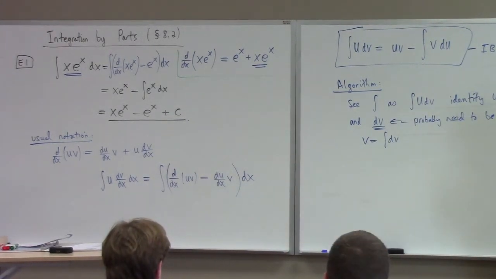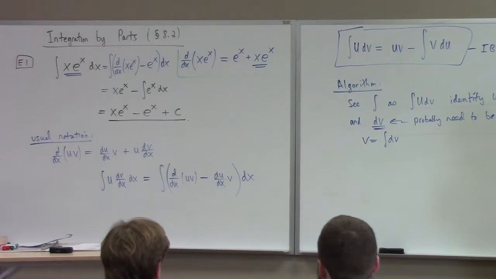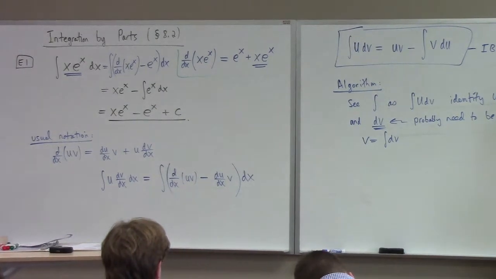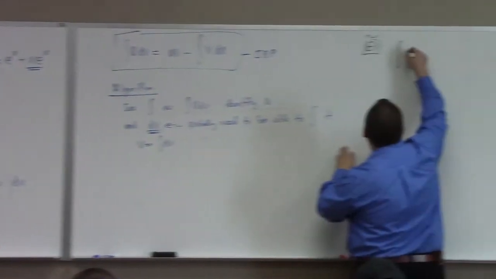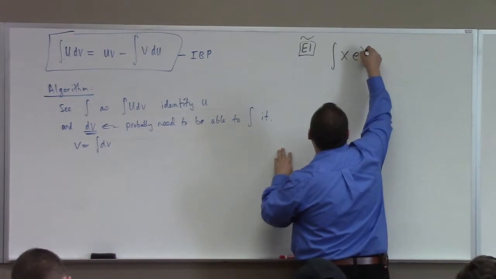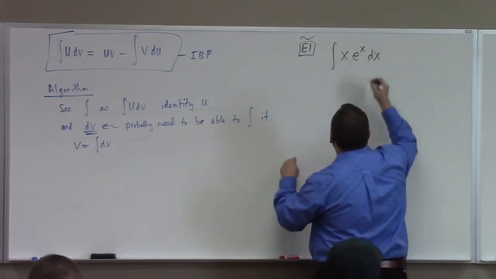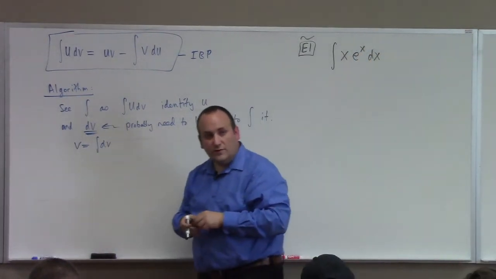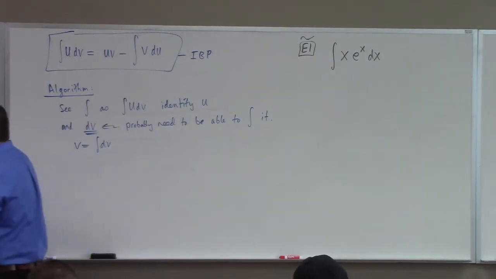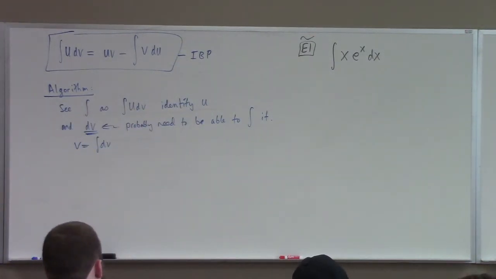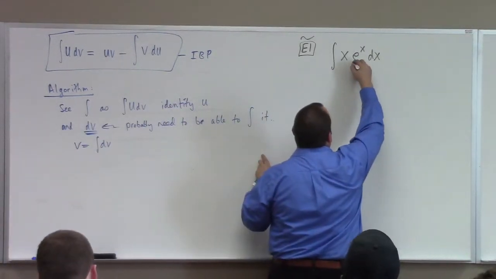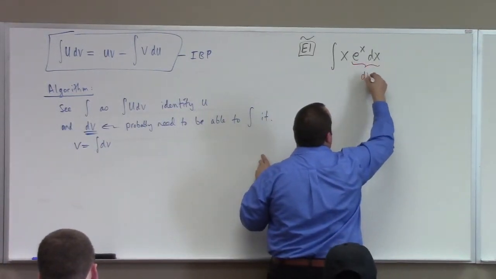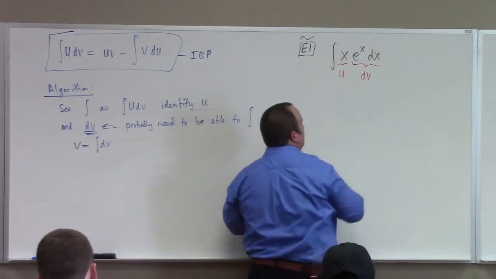Example 1, tilde. Same example, but with the boxed template. Integral x e to the x dx. So I've got to choose a u and a dv if it's going to work, right? I'll make this dv, I'll make this u.